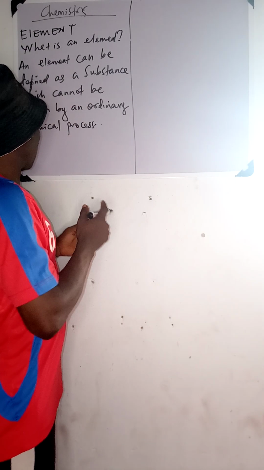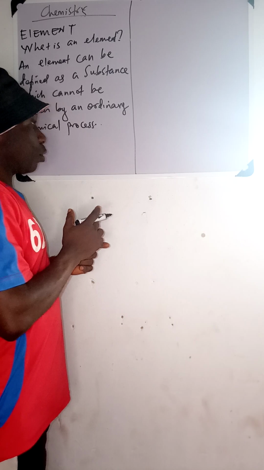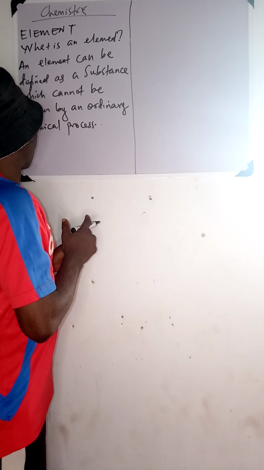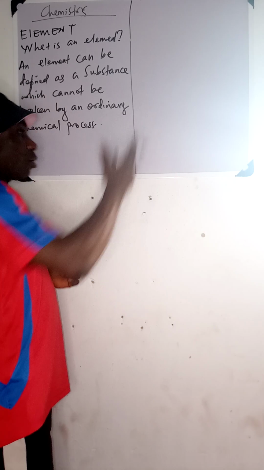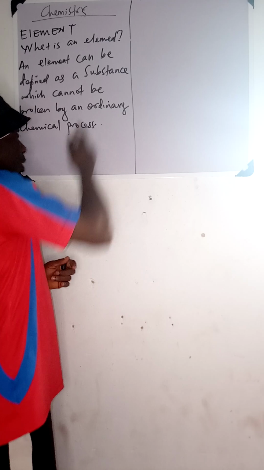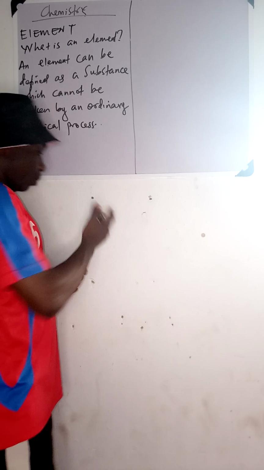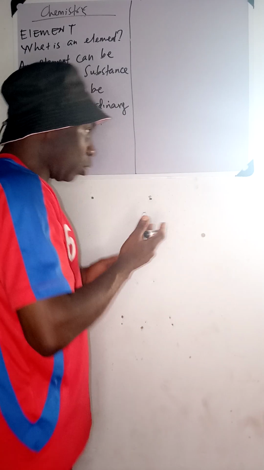Which means that an element can actually be broken or split by complex chemical processes. But ordinary chemical process cannot break an element into simpler form.